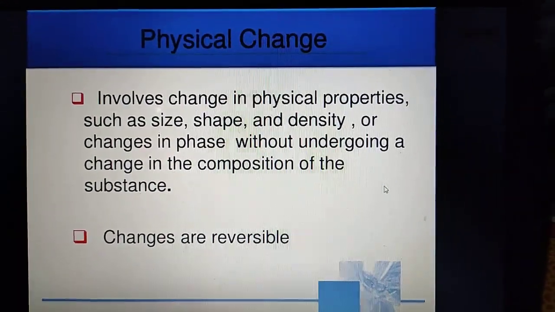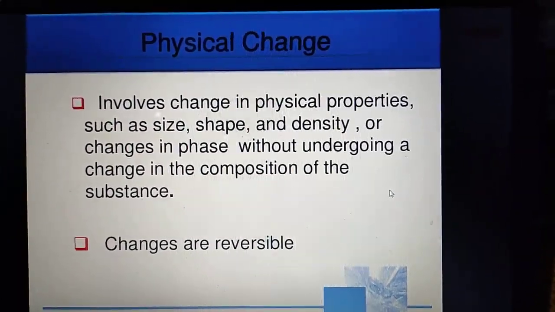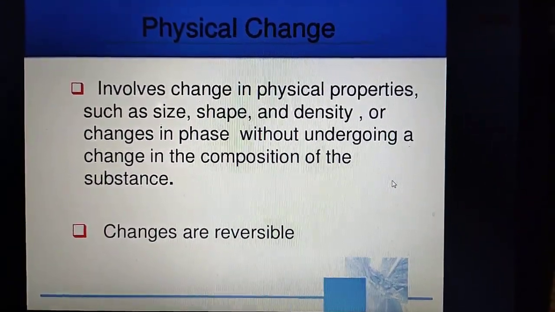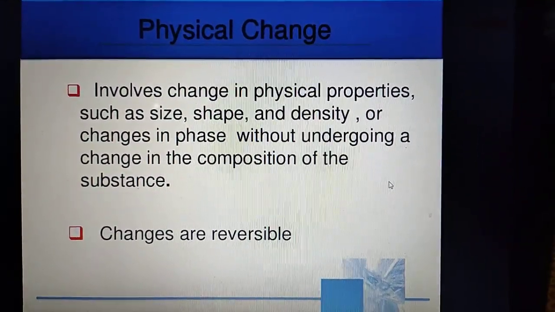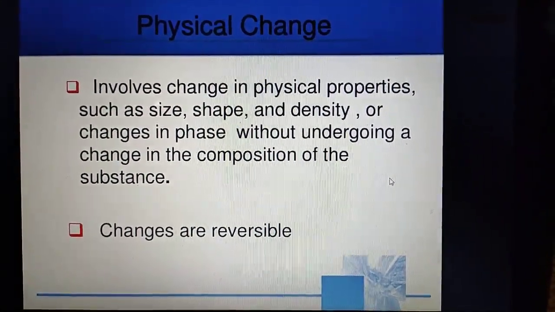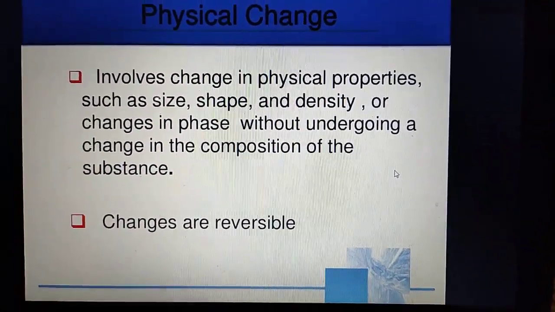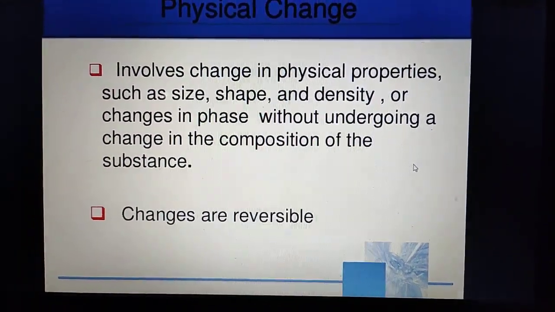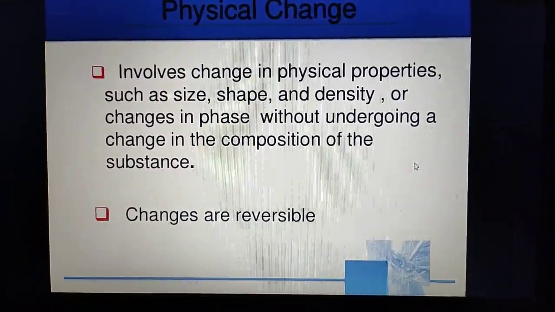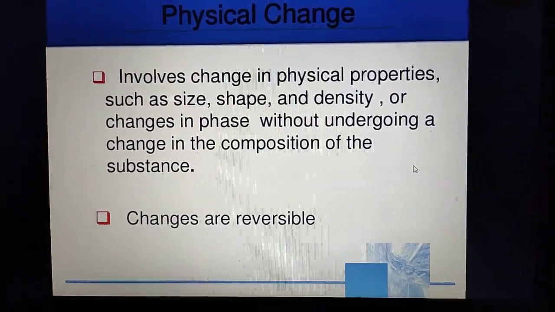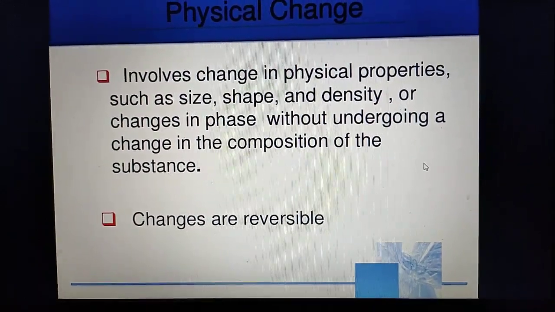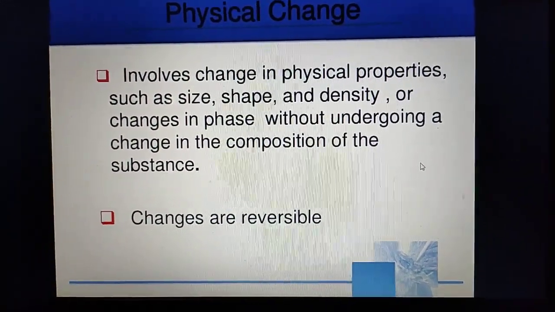See here, physical change means what? It involves change in physical properties such as size, shape and density, or changes in phase without undergoing a change in the composition of the substance. Physical changes occur when objects or substances undergo a change that does not change their chemical composition, where no new substances are formed.